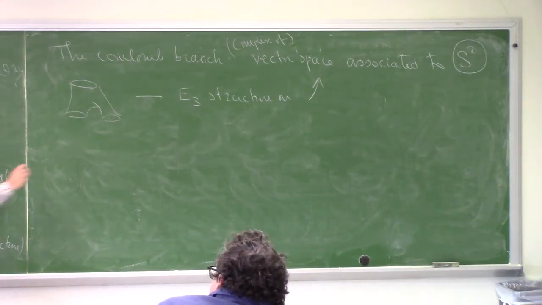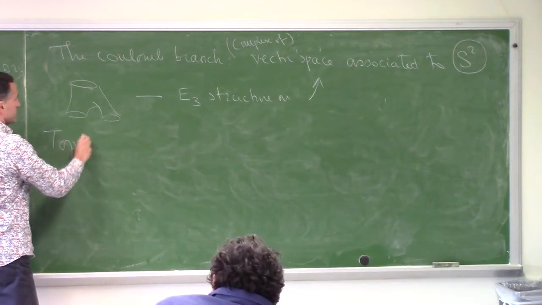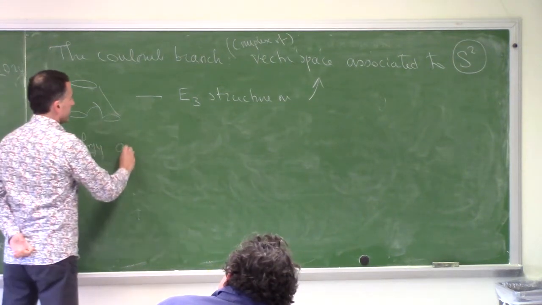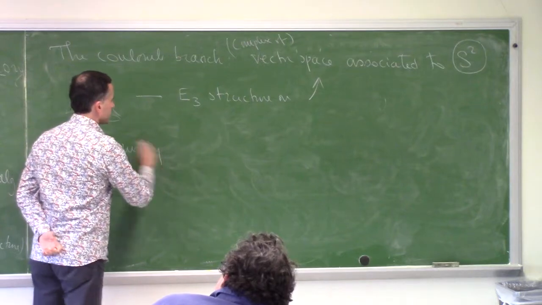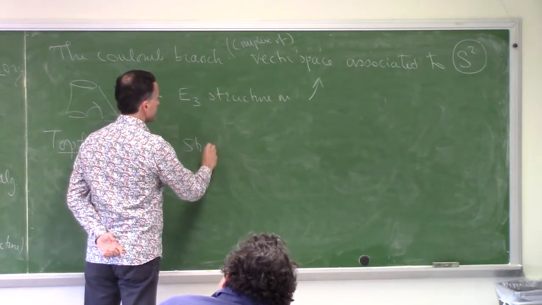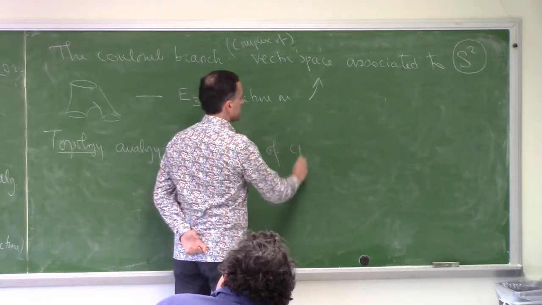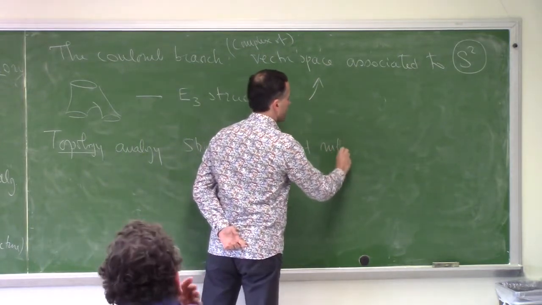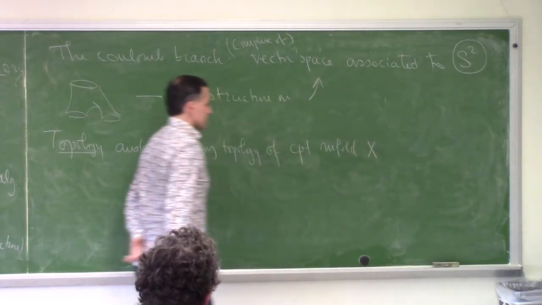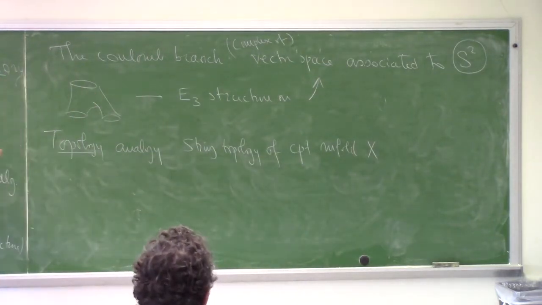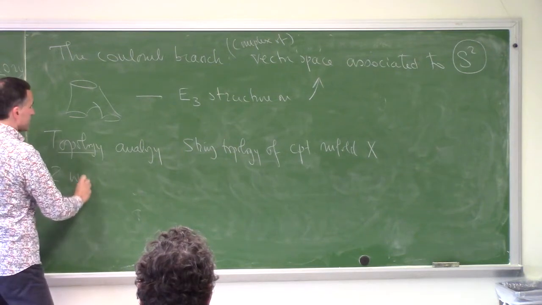Okay, so the analogy again back. As long as we do topology, the analogy is the string topology of a compact manifold X. And the theory going with that has been known for a long time, will be generated in 2 ways.